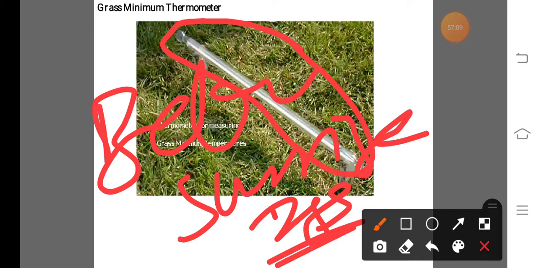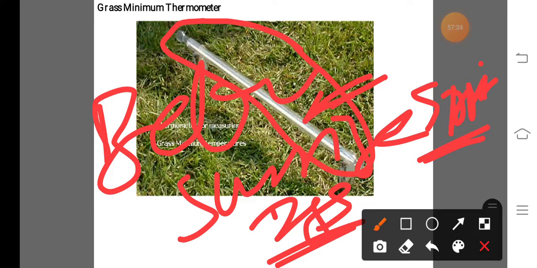Why is it kept in the double Stevenson screen the whole day, from before sunrise? Because it contains spirit, and this spirit is broken by the direct hitting of solar radiation.